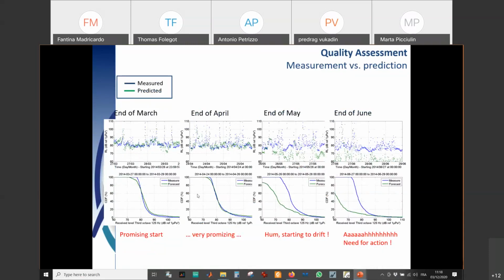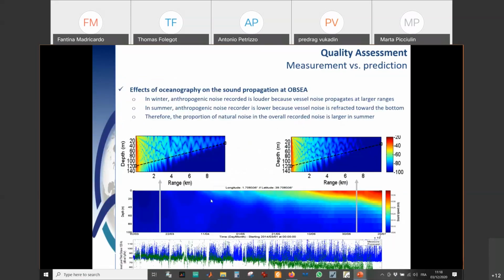And if you look at the oceanography here, which is this middle image, depth versus time from March to end of July, this is the sound speed versus depth and time. You can see that in winter, in March, we were in a very homogeneous situation until April.